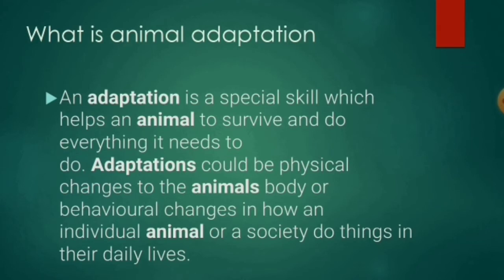Friends, for example, we humans do many things like doing homework, playing, going to school. Same like that, animals do a variety of things which they like to do and they need to do. So that is called animal adaptation.